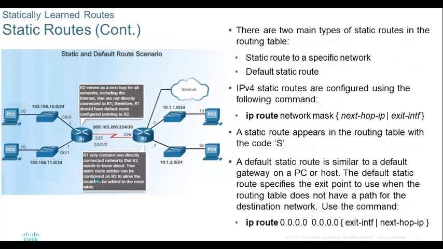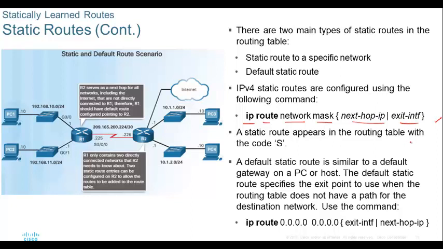This is the syntax if you want to write a static route: ip route, the remote network, the mask, and then the next router's IP address or exit interface name.